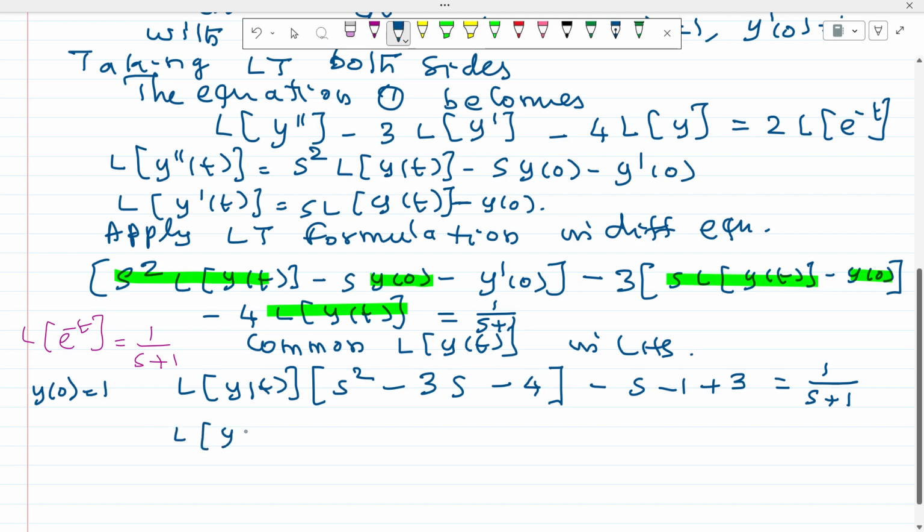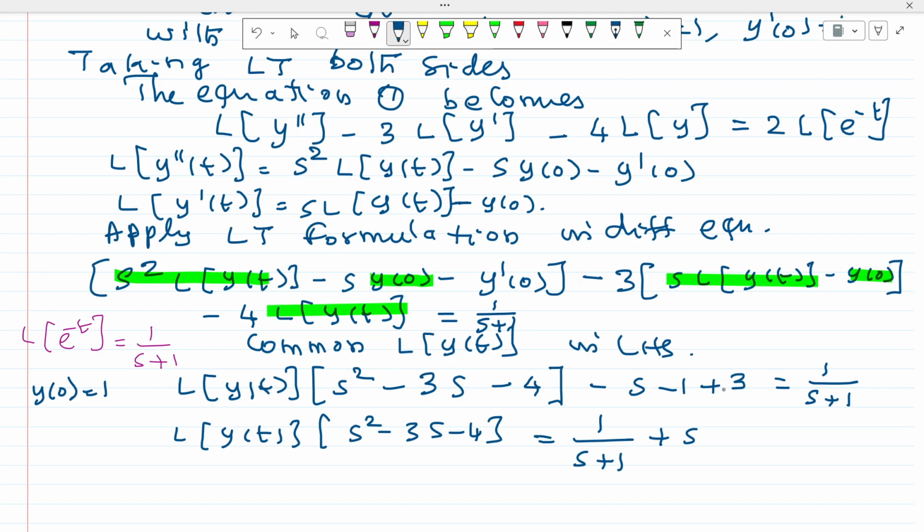So L of y of t in the next step you can write: s square minus 3s minus 4 equal to 1 by s plus 1. Take these things to that side. Minus s is plus s. And then minus 1 plus 3 is plus 2. Take it to that side, it is minus 2. Simplify this.